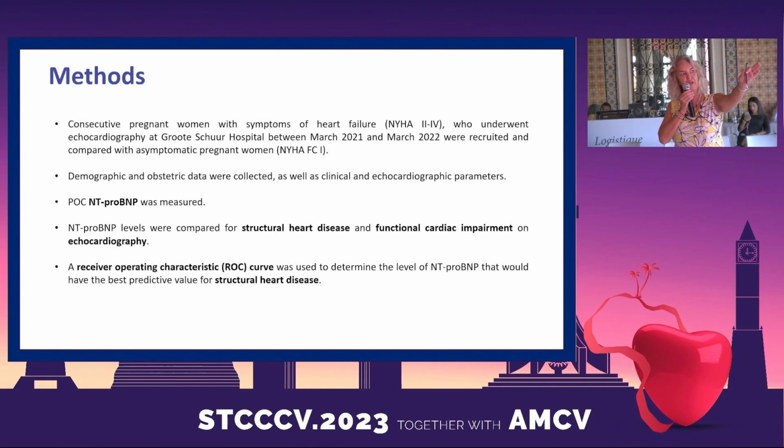Then point-of-care NT-proBNP was measured. The levels were compared for structural heart disease and functional cardiac impairment on echocardiography. Then the receiver operating characteristic (ROC) curve was used to determine the level of NT-proBNP that would have the best predictive value for structural heart disease.